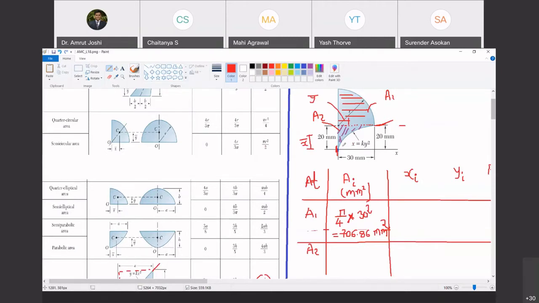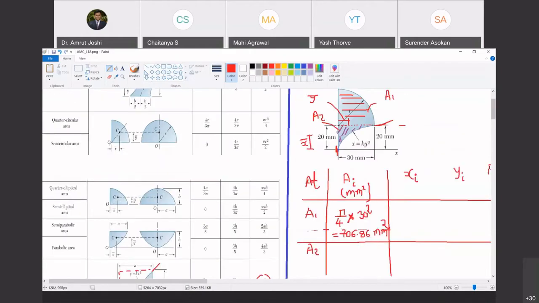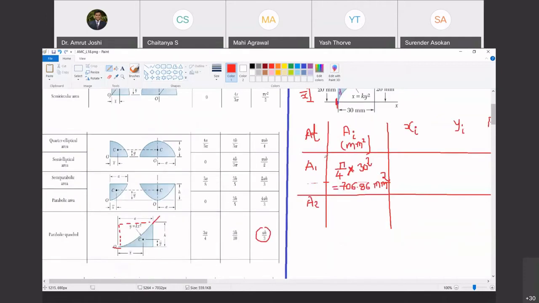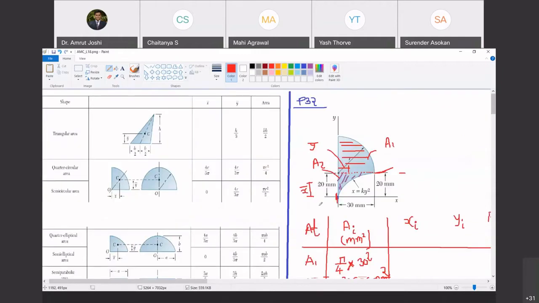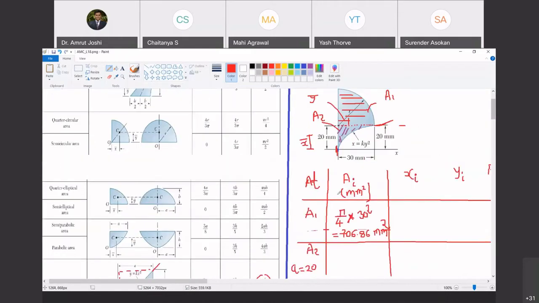For A2. Chalo. So what is the formula for area? AH by 3. So what is A? A in this case will be equal to which dimension? 20. Are you with me? Yes, sir. And what is the H? 30.